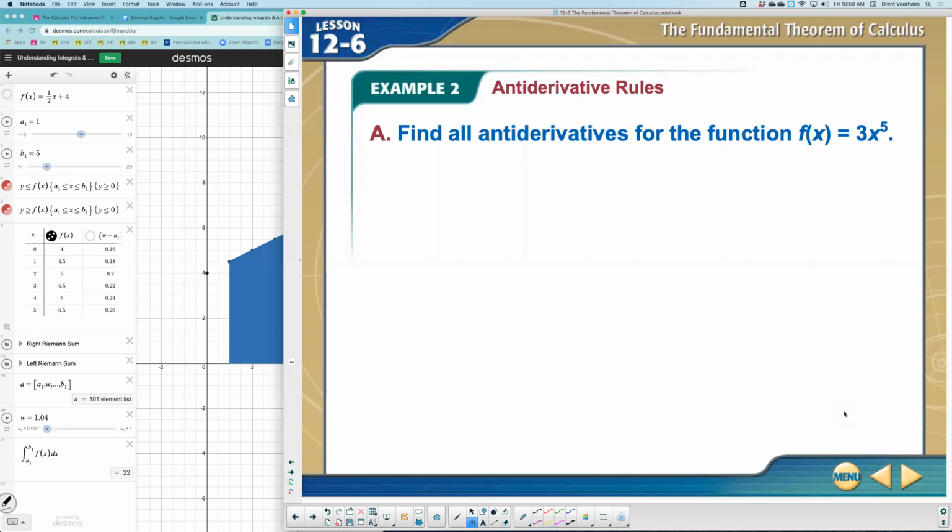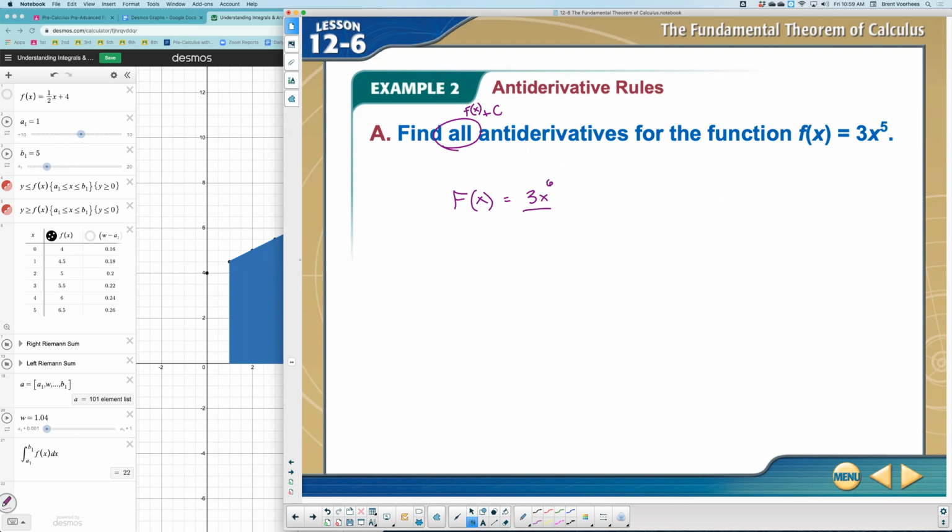All right, so now let's take a look at example 2. It says find all. So when it says all, that means I need to have that plus c. It's going to be the antiderivative plus c to find all. So here we go. We have defined the antiderivative here. I have 3x, and it's going to be 5 plus 1, which is going to be the 6th power.